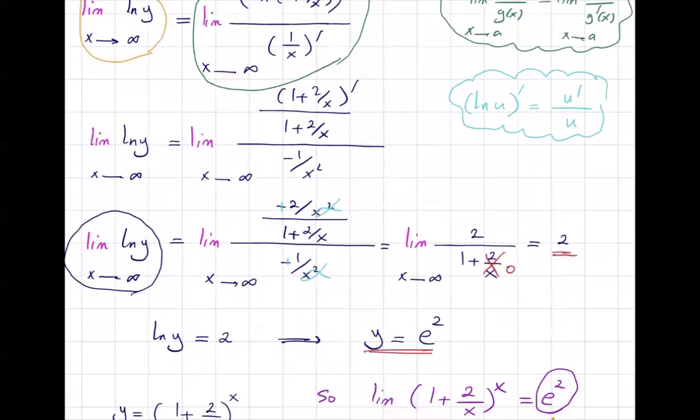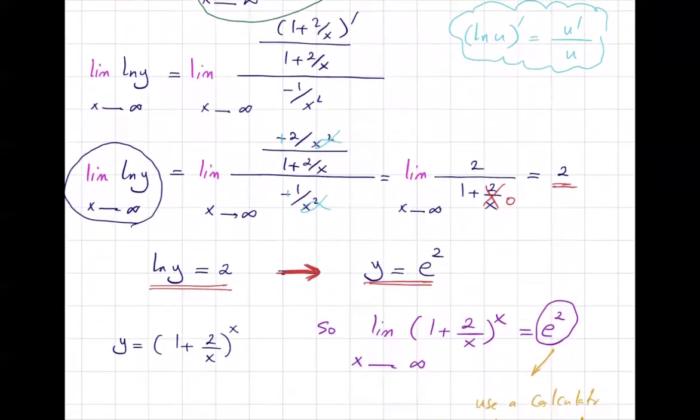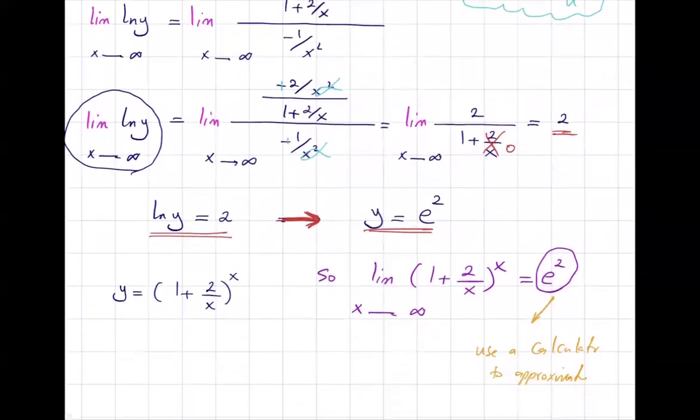So, ln of y is equal to 2. It means that y is e to power 2. So, the limit of y is e to power 2. But what was y? y was 1 plus 2 over x to power x. So, this limit is e squared. You can use a calculator to approximate this number as well.